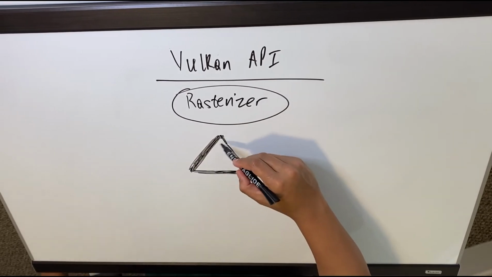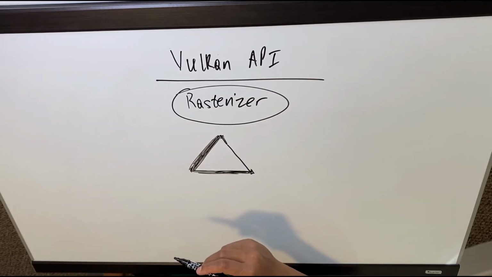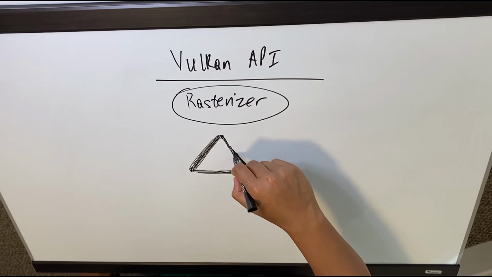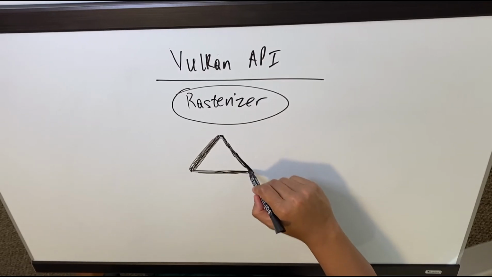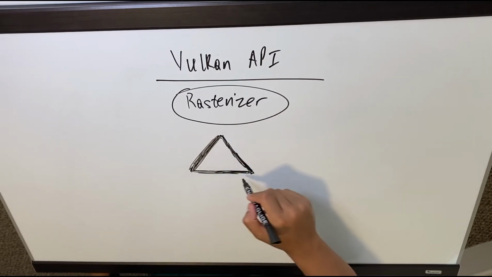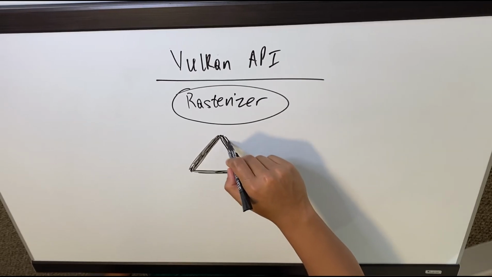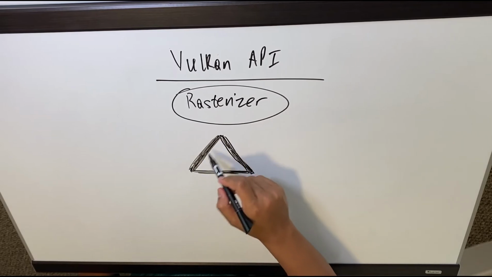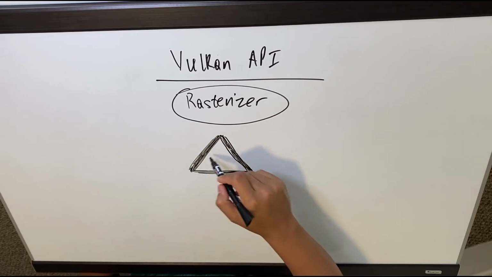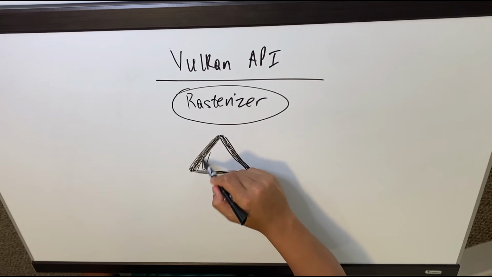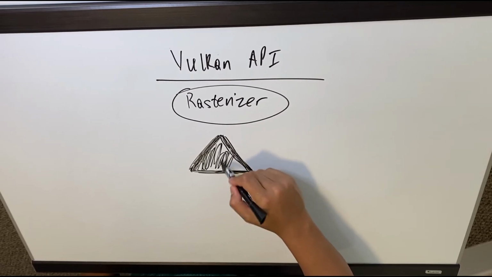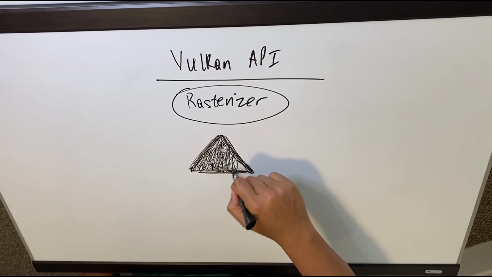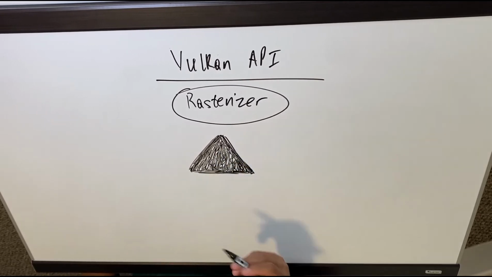Okay? So that's also another thing that the Rasterizer will do. So now not only do we have vertices, but we have thick lines. And then you could also say, hey Rasterizer, fill in the region that these vertices enclose. So we might get some color or something that's filling in the region here.